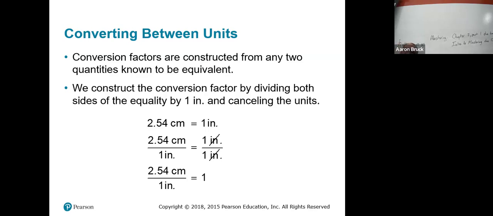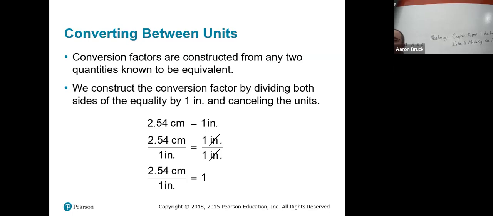The conversion rate between centimeters and inches is that there are 2.54 centimeters in every inch. Those two values are equivalent to each other. Doesn't matter where I'm measuring, that value is consistent.